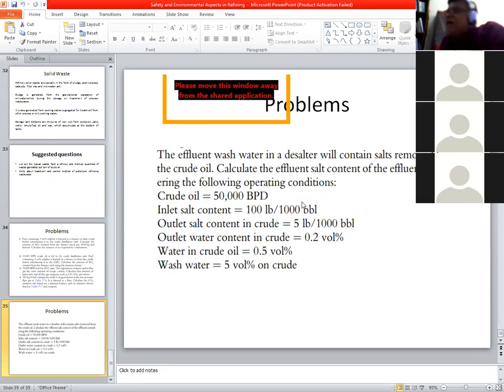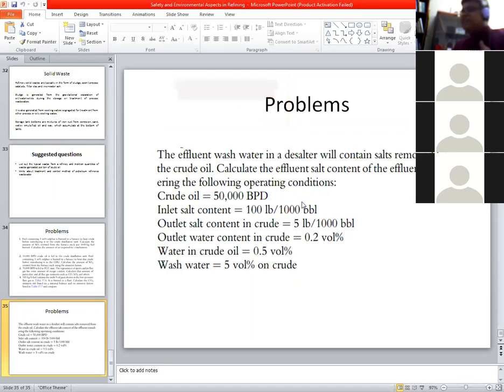Let me wait for others also. Let me check, how much you got? Please tell me how much you got. 905,073.6 pound per day, right? Yeah, pound per day. Let me cross check. Please proceed, everyone should do.